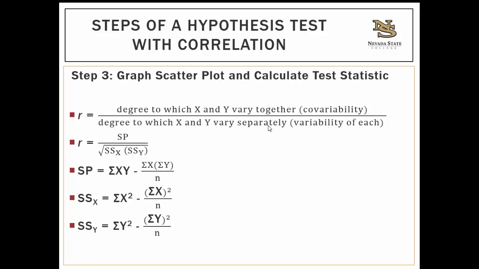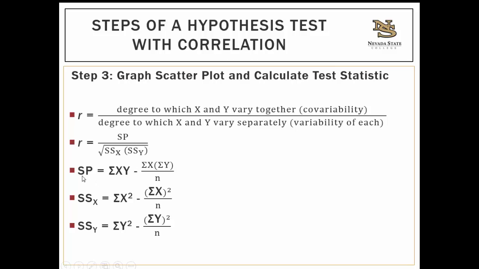The denominator is the sum of squares for X, the degree to which X varies, multiplied by the sum of squares for Y, the degree to which Y varies. The degree to which X and Y vary separately is the variability of each. So you're just combining the variability for each variable separately. You multiply those two together, and then you take the square root of that in your denominator.